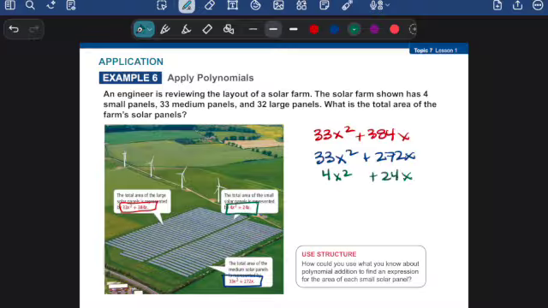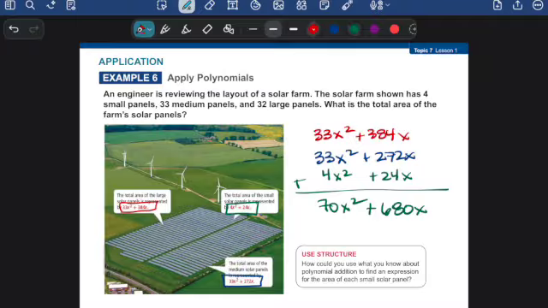I have no constants. That's fine. And now we're just going to add these all together. 33 plus 33 plus 4 is 70 x squared. 384x's plus 272x's plus 24x's is going to be 680x's. So that represents the total area.